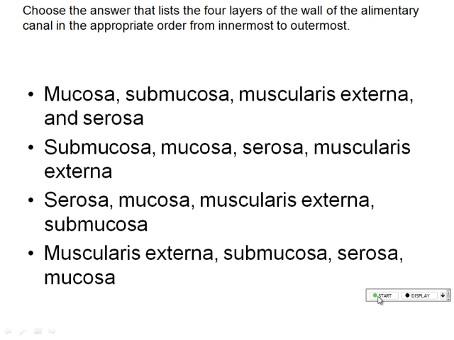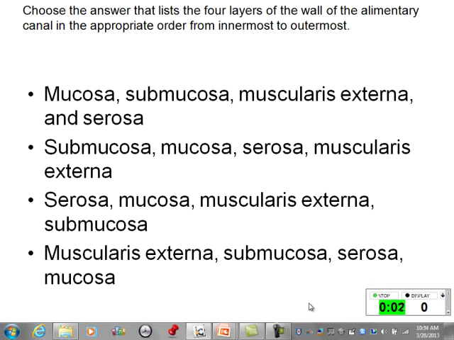Let's do one more. Choose the answer that lists the 4 layers of the wall of the alimentary canal in the appropriate order from the inside to the outside. Innermost to outermost.